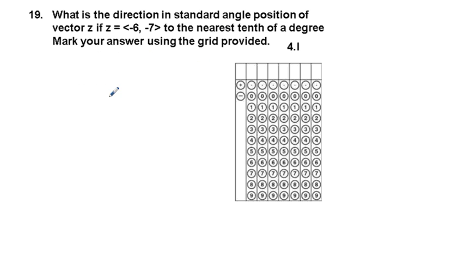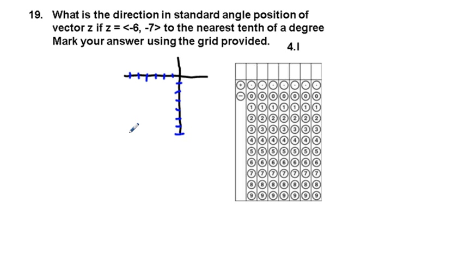Okay, problem 19, the last problem. What's the direction and standard angle position of vector z if z equals -6, -7 to the nearest tenth of a degree? Well, first of all, we have to understand where we are, because if we just draw a little xy coordinate plane, we'll see that -6, -7, when we go with -6 to the left, 1, 2, 3, 4, 5, 6, and -7, 1, 2, 3, 4, 5, 6, 7.